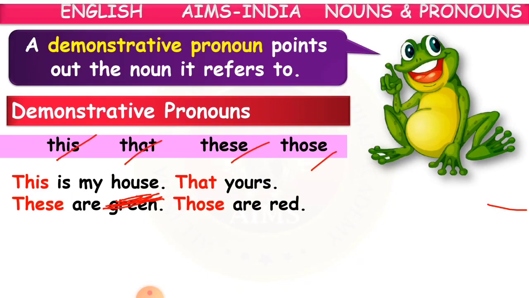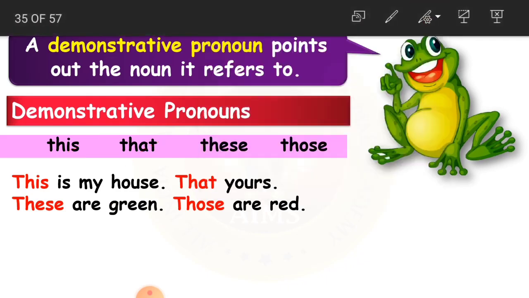So, these are green. Those are red. See here, this and these, that and those. Can you identify when we use this and when we use these, children? When it is in singular form, is is used, so this is used. That is also a singular form.